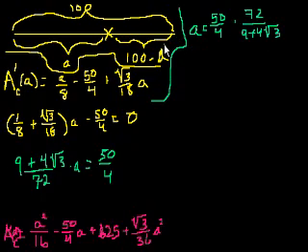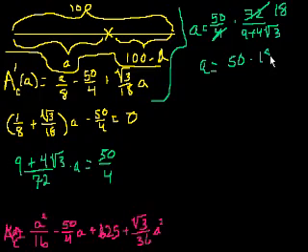And let's see if we can cancel anything out. This 4 cancels and this becomes an 18. And so we get A is equal to 50 times 18 divided by 9 plus 4 square roots of 3.